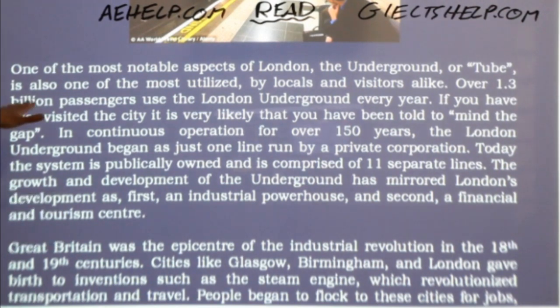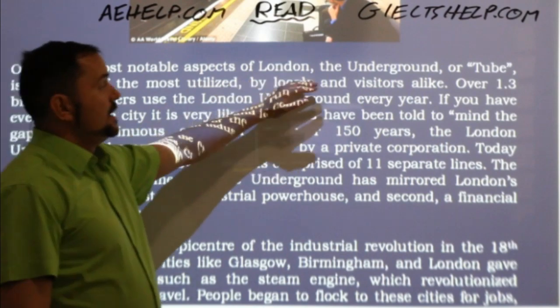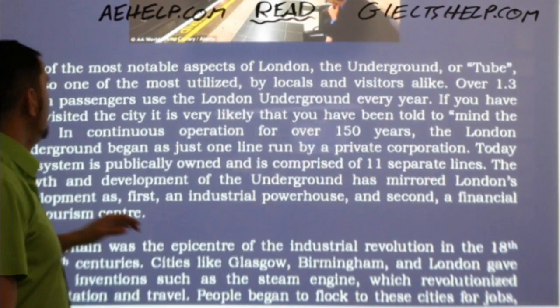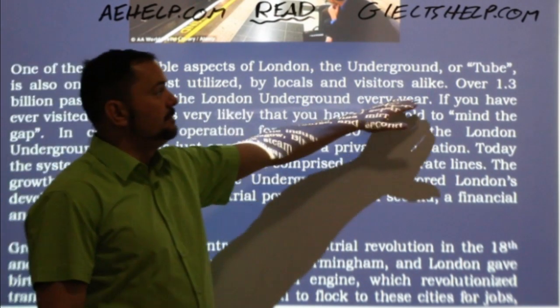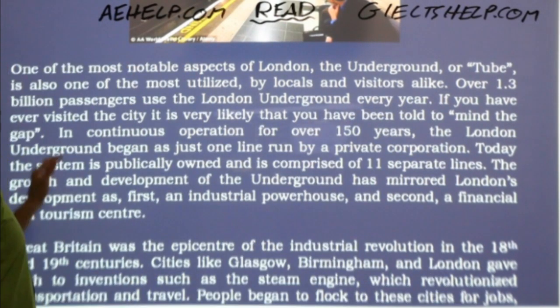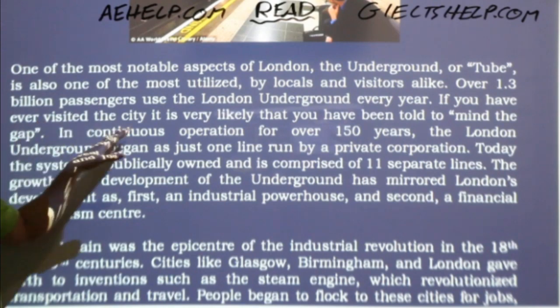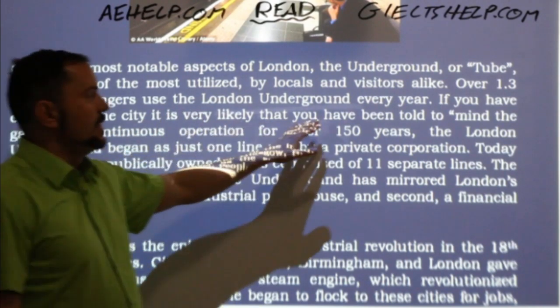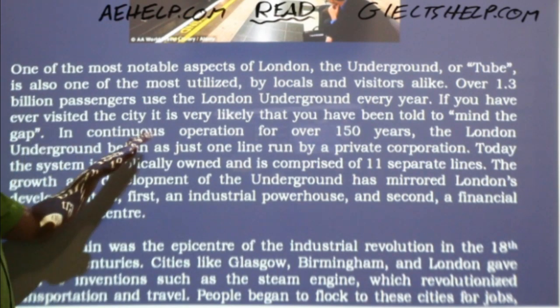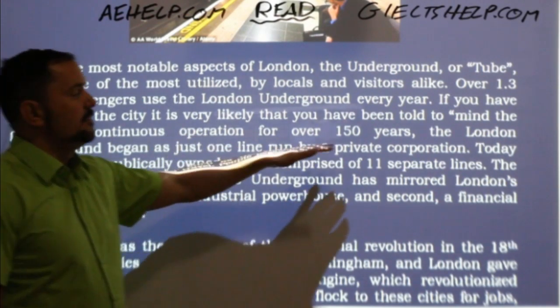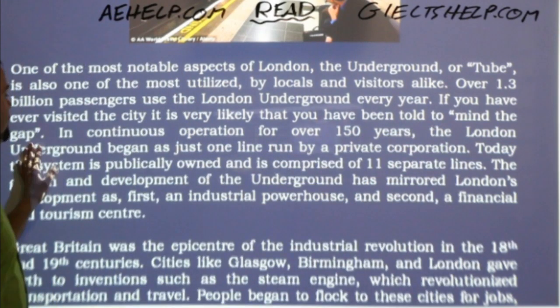Here we go. One of the most notable aspects of London, the Underground, or Tube, is also one of the most utilized by locals and visitors alike. Over 1.3 billion passengers use the London Underground every year. If you have ever visited this city, it is very likely that you have been told to mind the gap.